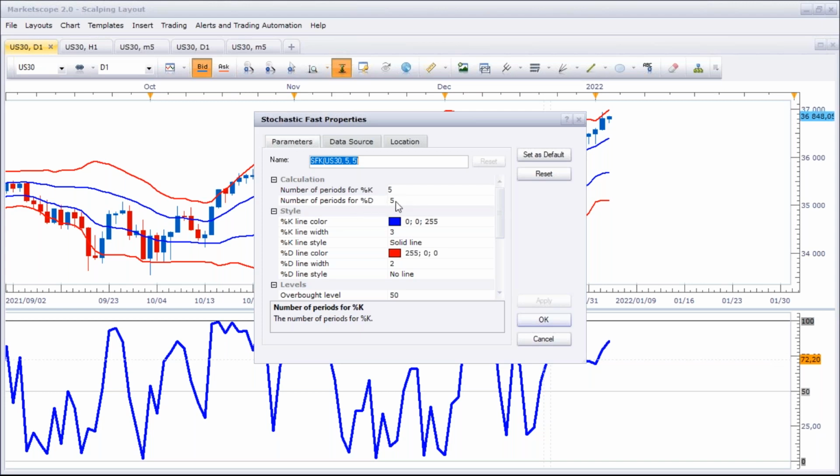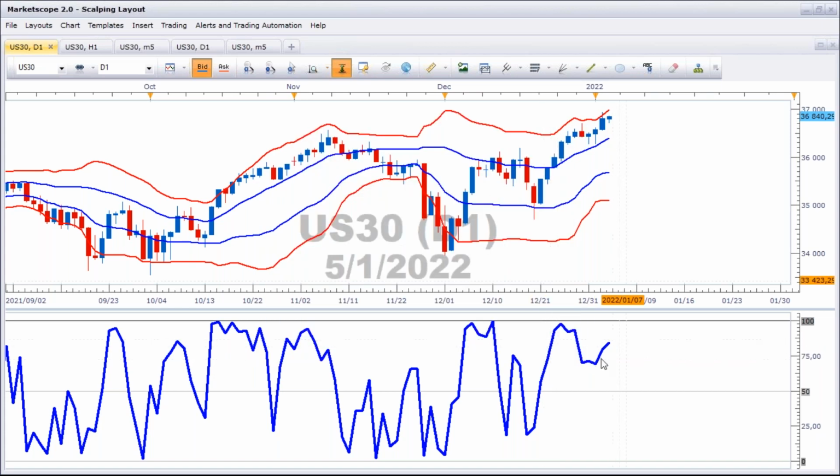I've taken the %D out. The %D is effectively a slowing of the %K. Don't want that at all. I want to know what is the momentum we're dealing with right now, because we want to try and exploit that if we can. So the fast stochastic is pointing in a northeasterly direction, so that's indicating momentum to the upside.